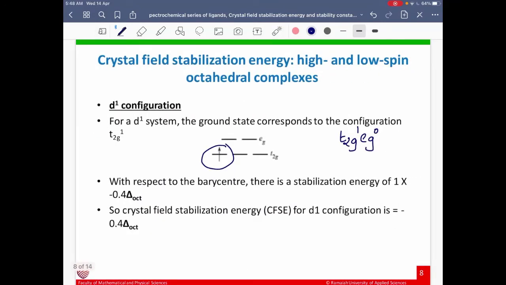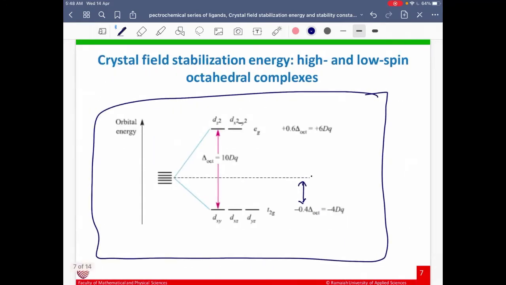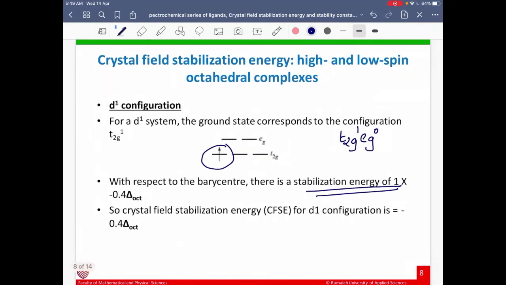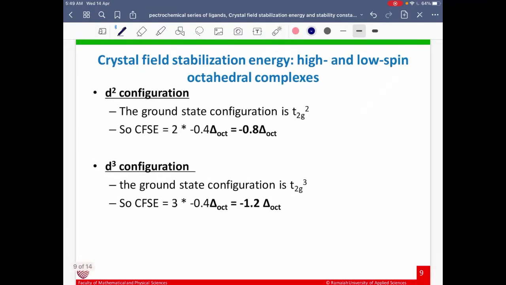So the stabilization energy with respect to the barycenter will be 1 into minus 0.4 delta octahedral, because the energy of t2g from the barycenter is minus 0.4 delta octahedral. So the crystal field stabilization energy for d1 configuration is minus 0.4 delta octahedral.